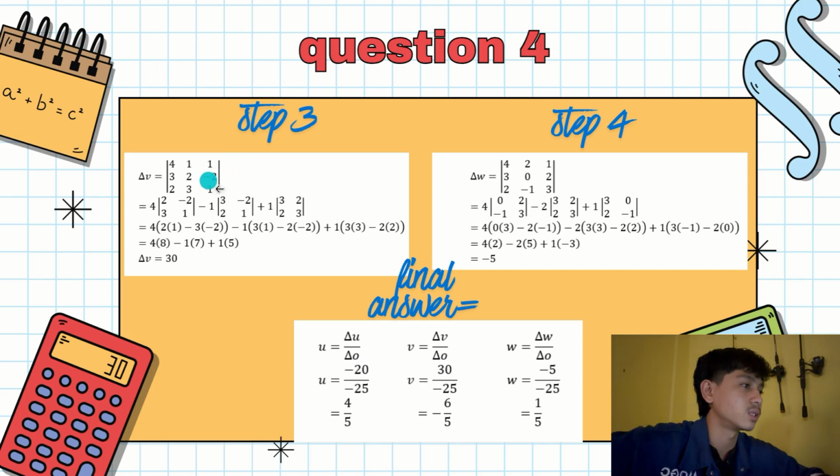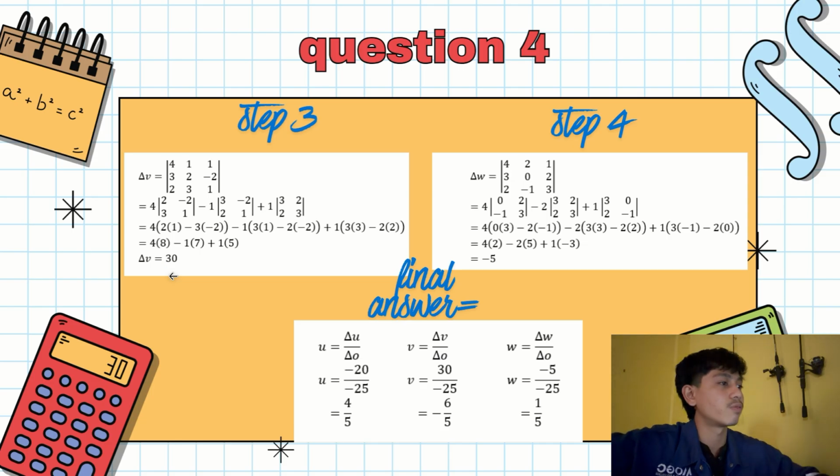We then calculate the determinant of this matrix. 4 multiplied by 2 times 1 and minus negative 2 times 3. Then minus 1 is multiplied by 3 times 1 minus negative 2 times 2. Finally, 1 is multiplied by 3 times 3 minus 2 times 2. After simplifying all the expressions, the value of delta v is 30.